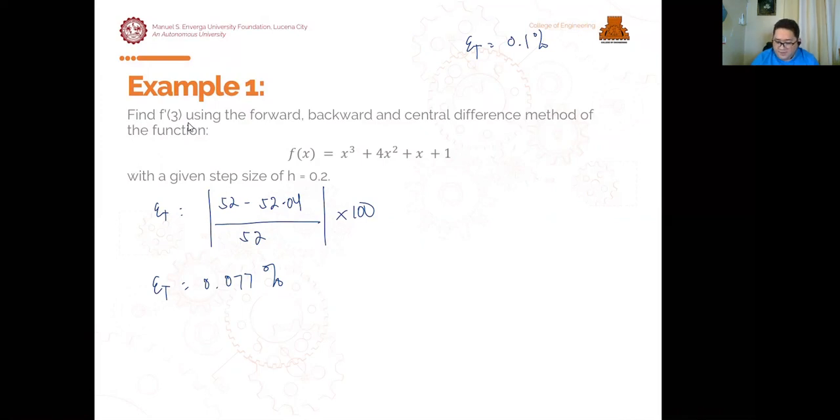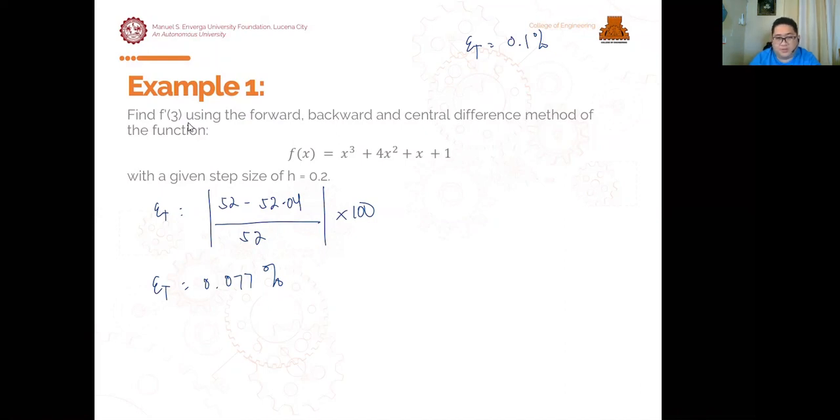So, if ever hindi naging equal sa 0.1 o less than 0.1% yung relative true error natin, again, all you have to do is to repeat the iteration and i-half nyo lang yung step size natin. So, for this case, from 0.2, gagawin natin 0.1, 0.05, 0.025, then 0.0125, and so on. No? Okay?